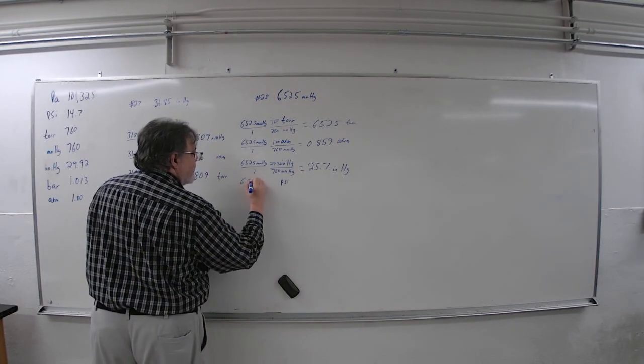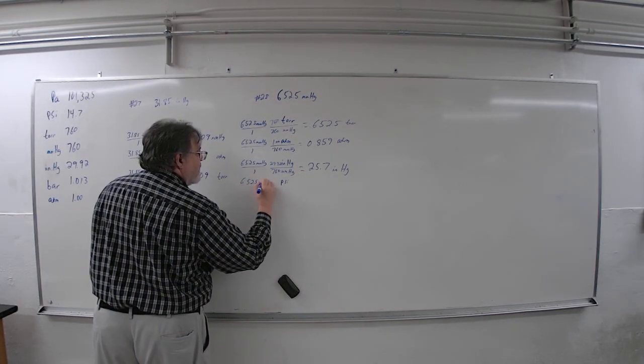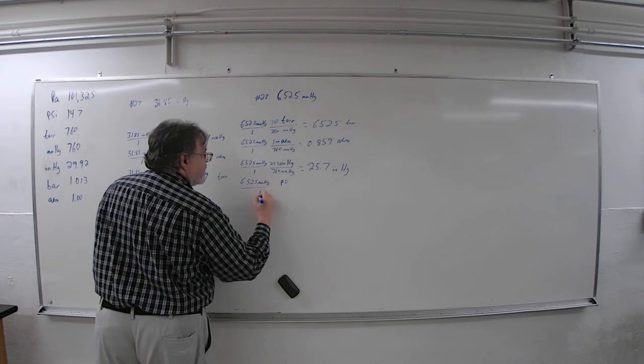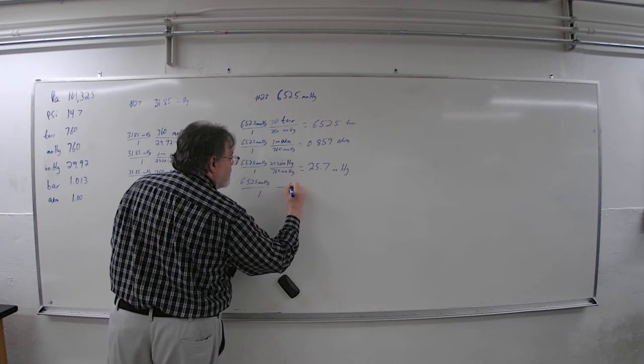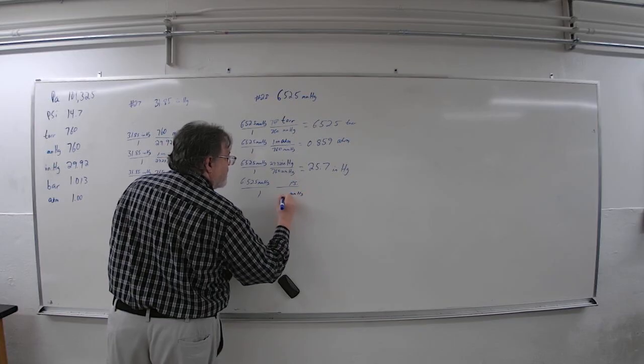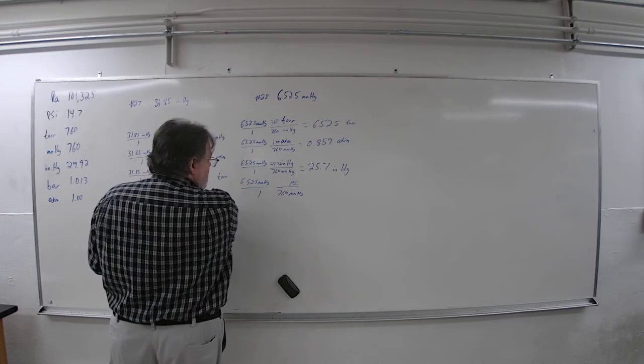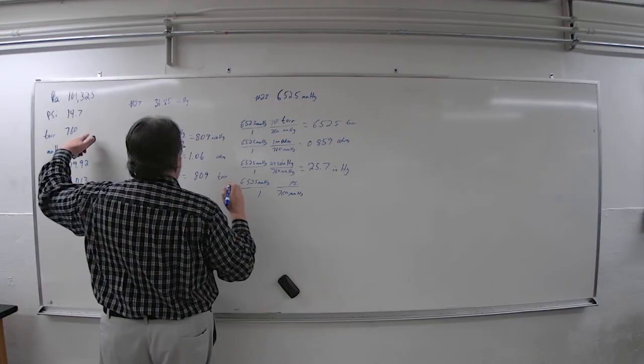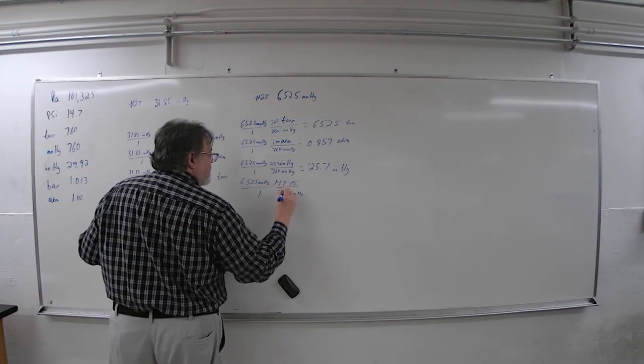And one more as an example, 652.5 millimeters of mercury converted to pounds per square inch. I'll get the 760 from the chart, and then the pounds per square inch is 14.7.